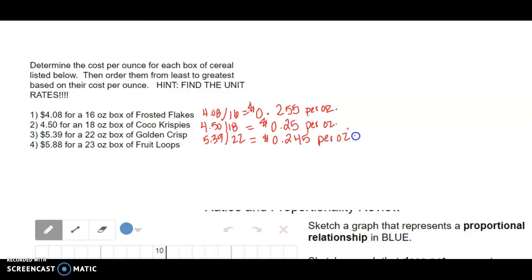per ounce. And then last but not least, Fruit Loops are $5.88 for 23 ounces, which gives me 0.2556. So that's most expensive. So writing these from least to greatest, the lowest is Golden Crisp.